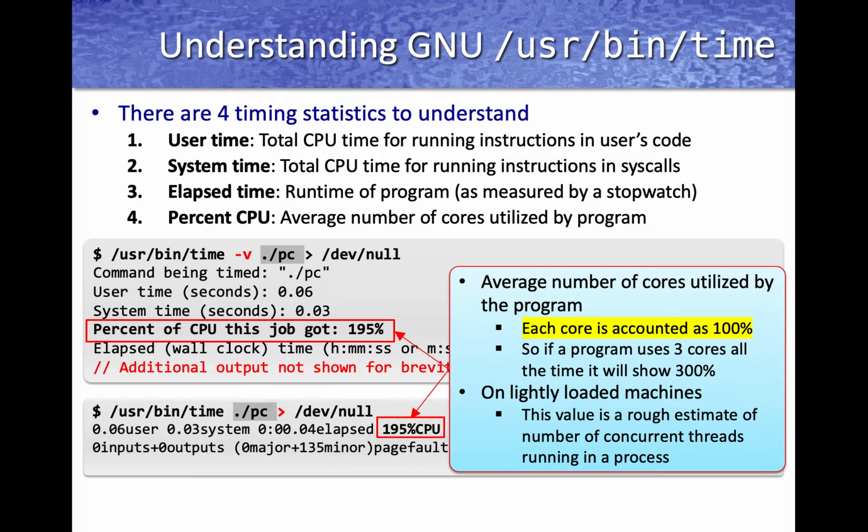On lightly loaded machines, this value, percentage CPU, is a good rough estimate of the number of concurrent threads that were running in a process. So if you see CPU time as 300%, you know that at least 3 threads were running at any given time using 3 cores on the CPU. There could have been more threads, but you know for sure at least 3.